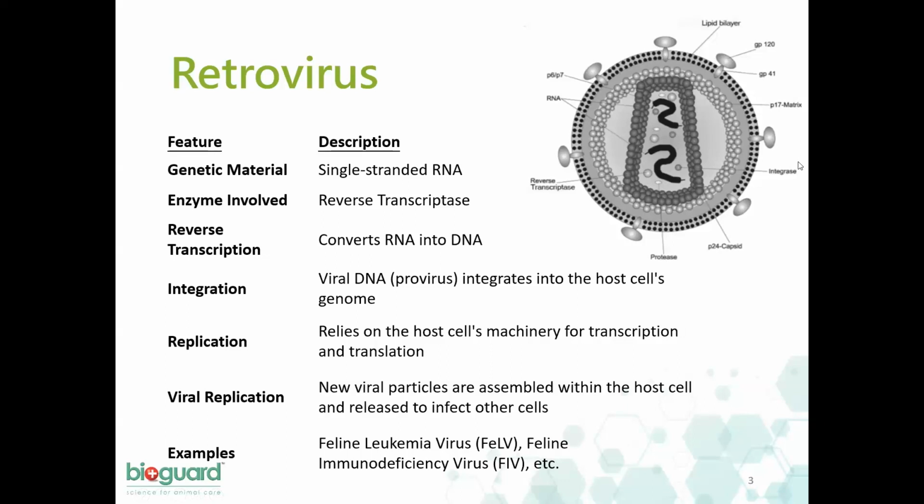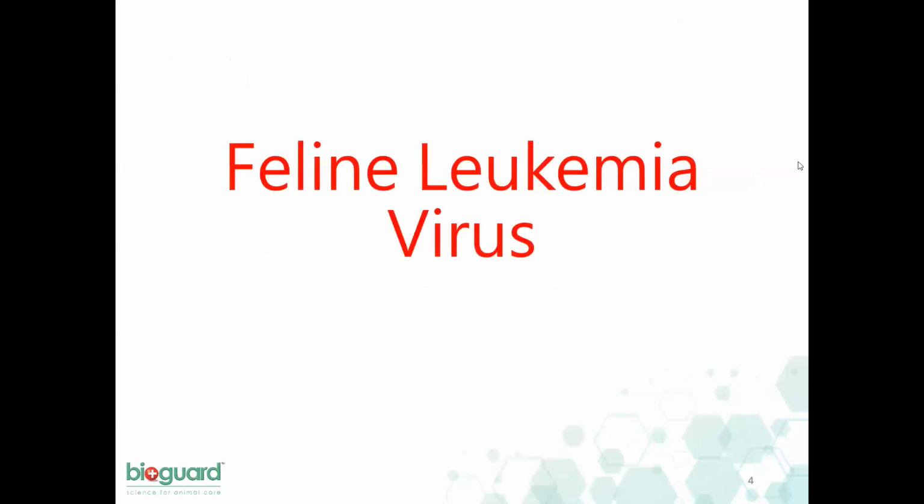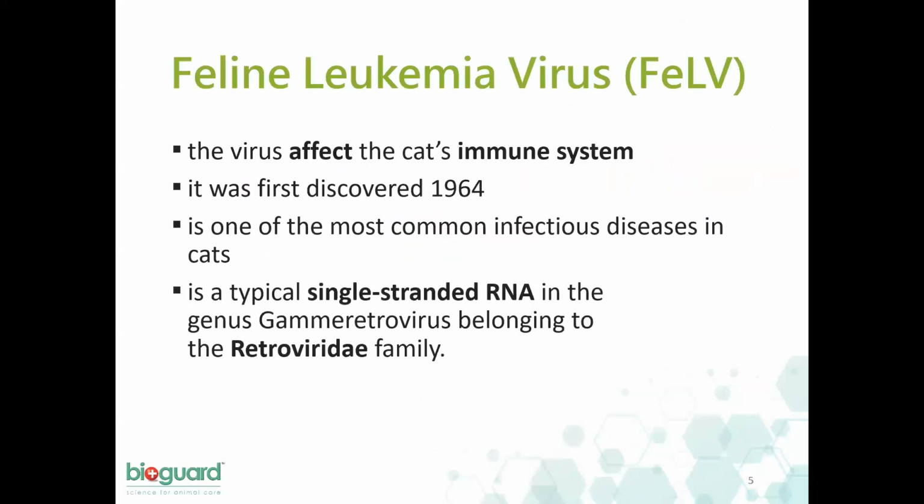So what is feline leukemia virus? If you have heard of feline leukemia, cat leukemia, or feline cancer virus, these names are referring to FeLV. As I mentioned earlier, FeLV is a type of retrovirus.